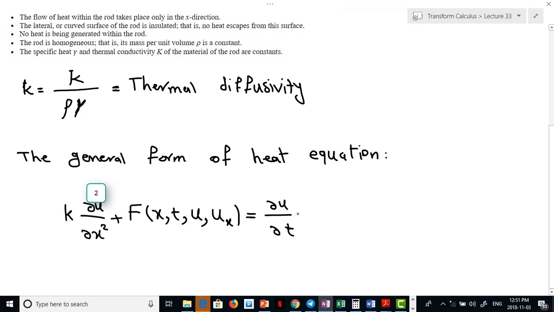So we already defined k. We said k is the thermal diffusivity. What's u? u in fact is a function of x and t. x is location and t is time. We call it the temperature function.